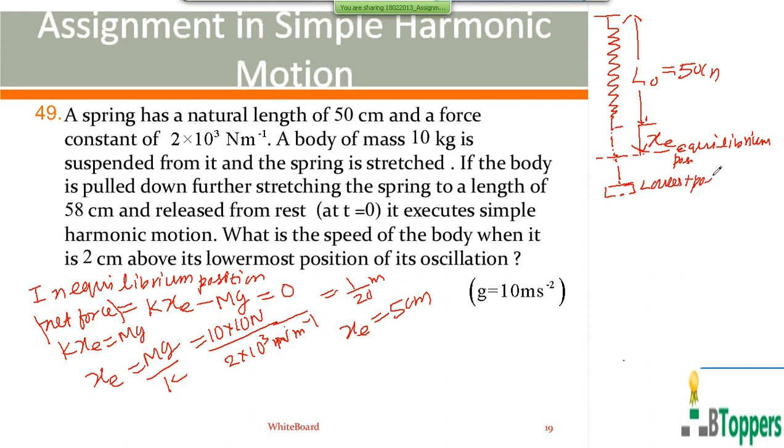The length of the spring at the lowest position is given as 58 centimeters. The mass is released from rest at the lowest position. So the velocity is 0 at the lowest position.